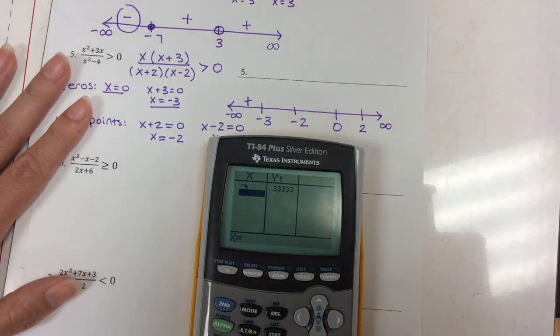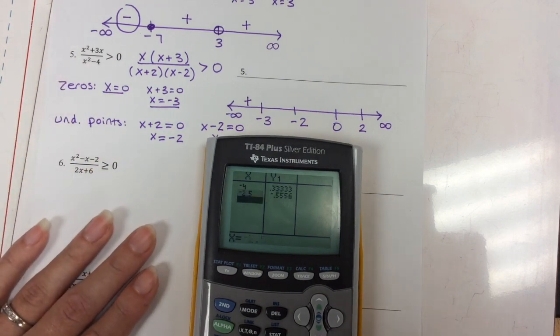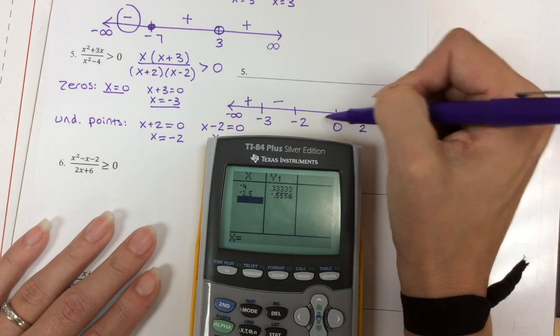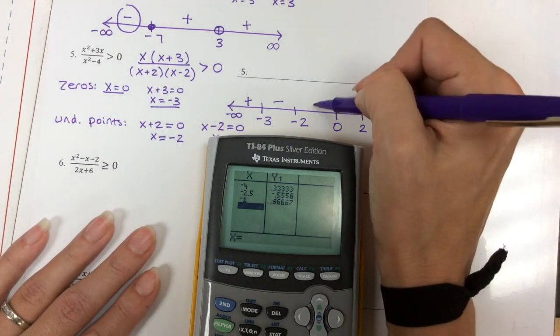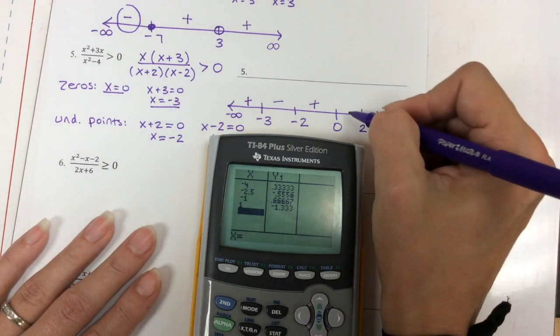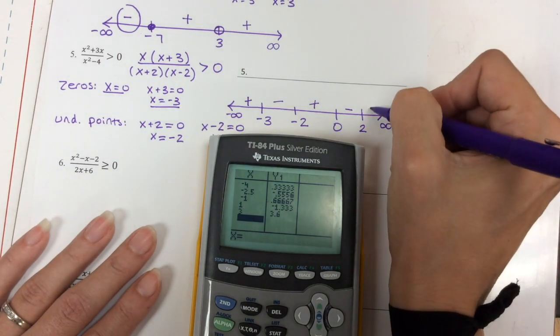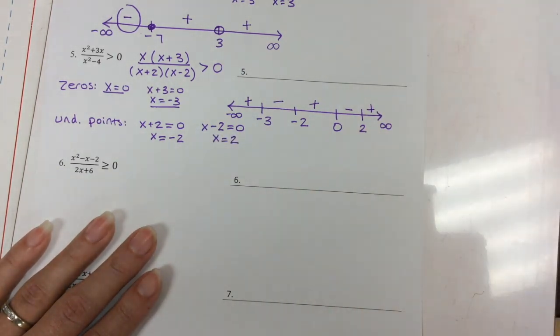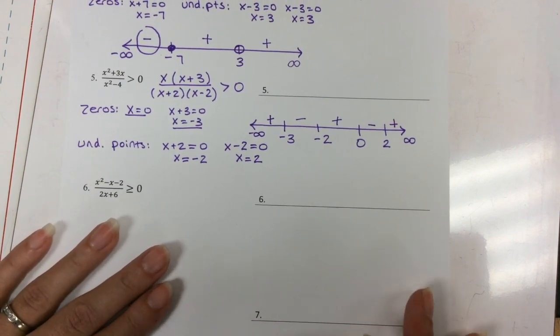I plug in a point between -3 and -2, so -2.5. So I get negative. Between -2 and 0, so -1 works. So I get positive. Between 0 and 2, 1's a good choice. And greater than 2, 3. So I get positive.